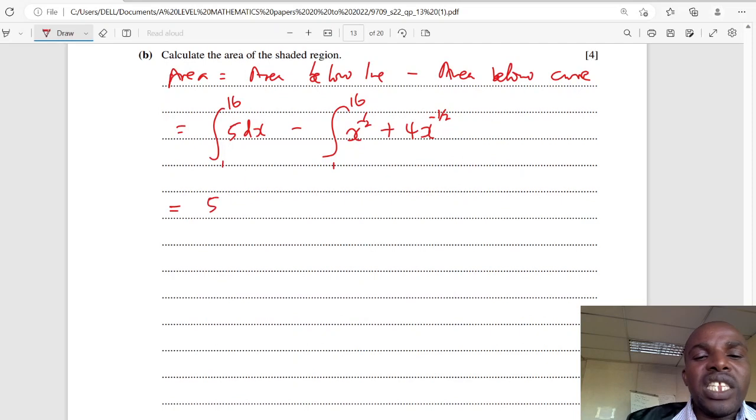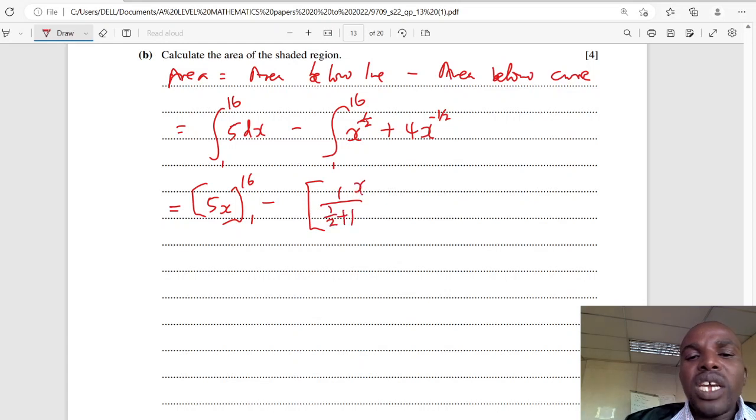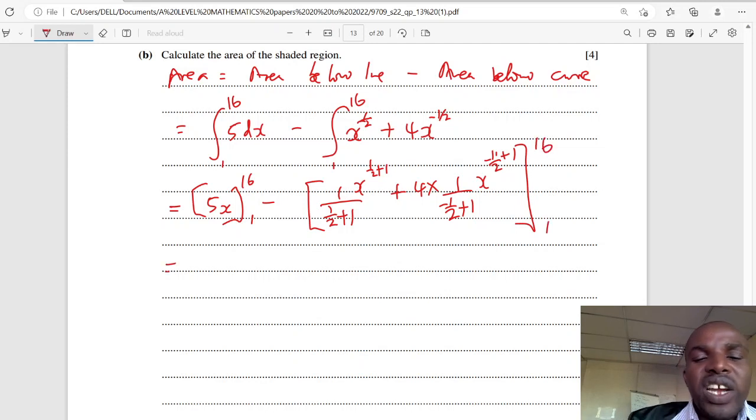So integrate this part, you get 5x, with limits 16 and 1. Minus area below this part. Integrate: 1 over half plus 1, x to the power half plus 1, then plus 4 times 1 over minus half plus 1, x to the power minus half plus 1, like this. Then the limits are 16 and 1. Then simplify this part.